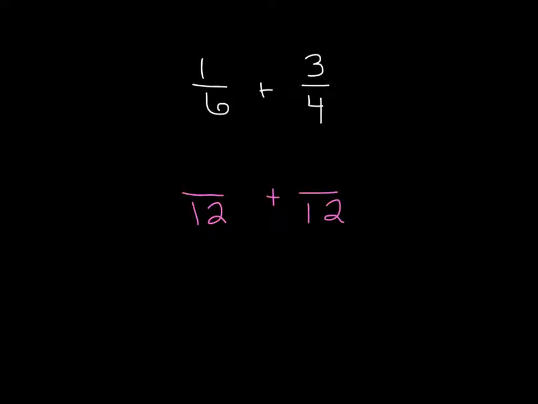So we know we want both of our denominators to be 12. Then we need to ask ourselves, what do I have to multiply 6 by to get 12? And that would be 2. And since I do the denominator times 2, we multiply the numerator times 2. And that would be 2.